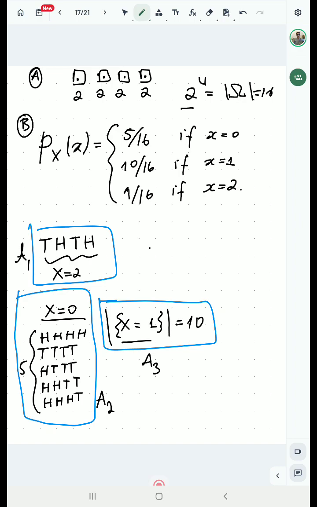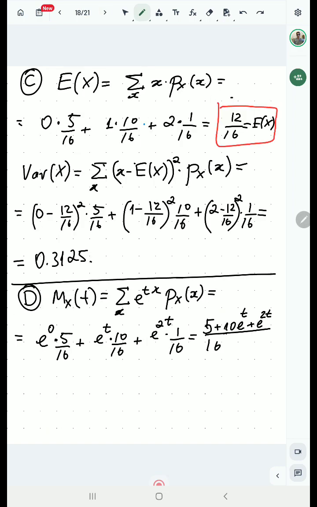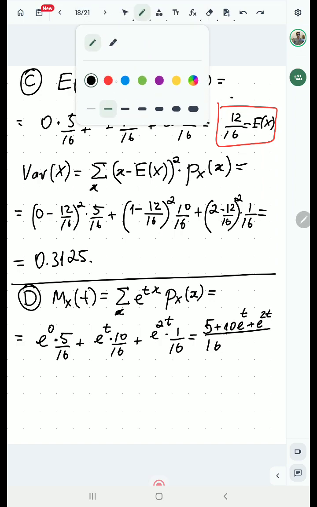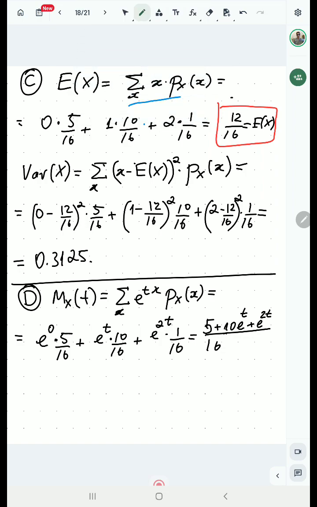So that is kind of an easy workaround for this problem. Okay, so the probability mass function is going to look like this: 5 over 16 if X is equal to 0, so no follow; then 10 over 16 if the follow count is 1, and 1 over 16 if there are 2 follows. Now to find the expectation of the random variable X, in the discrete case we use this formula: X times the corresponding value of the probability mass function.